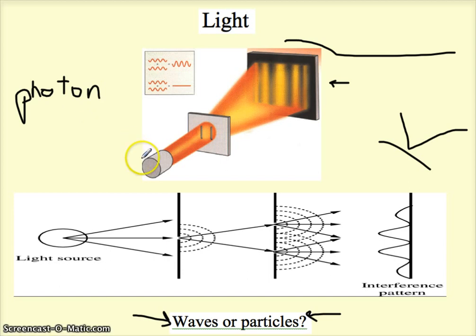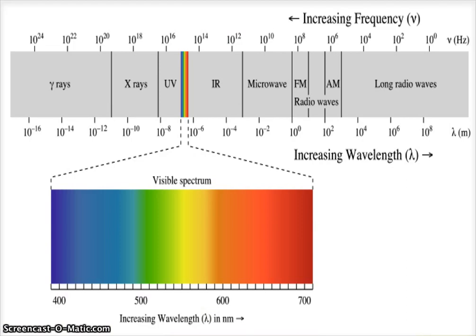Either way, whether light is a wave or whether it is a particle, it does contain energy. That much seems pretty certain. So let's study a little bit more about this light energy. The amount of energy depends upon the frequency of the wave.